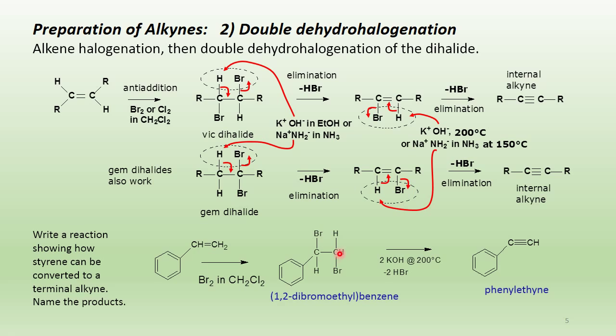Didn't we say that goes by substitution? Well, at room temperature, the primary alkyl halide will only go by substitution. And the reason is, at room temperature, the kinetic energy of the system is low. And the lowest energy path will be taken exclusively. The lowest energy path is substitution.